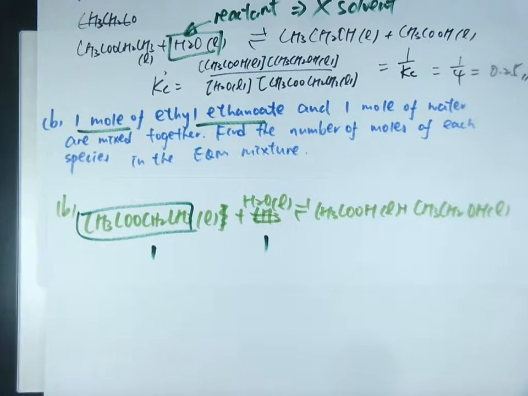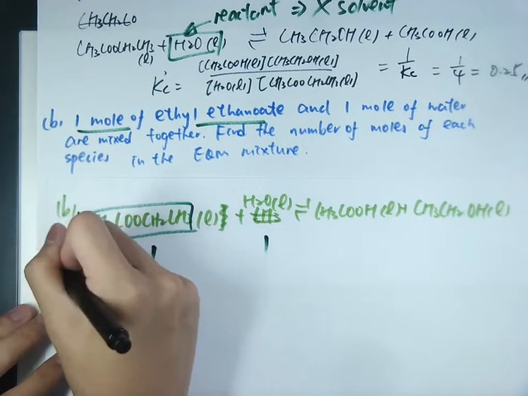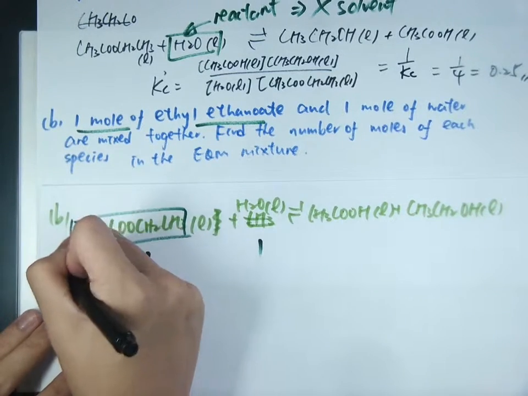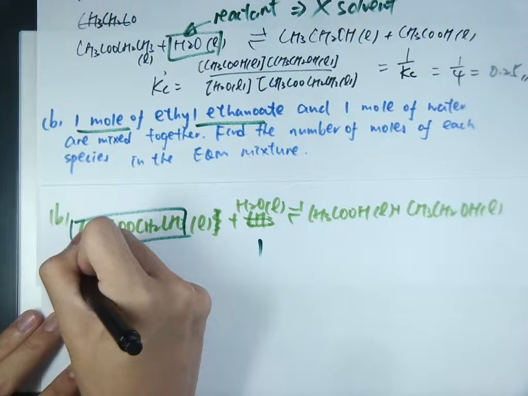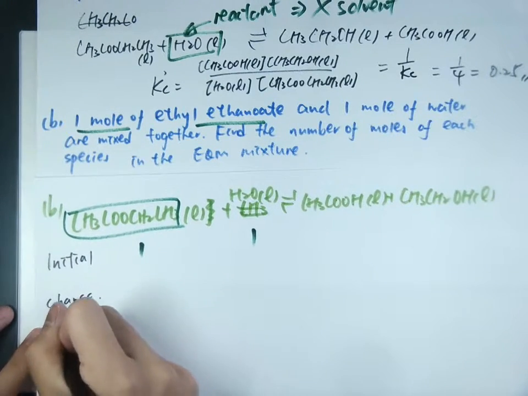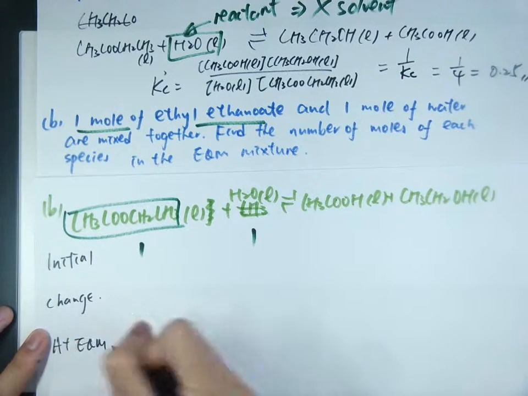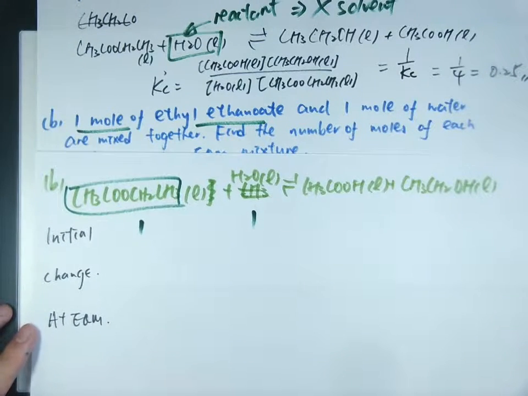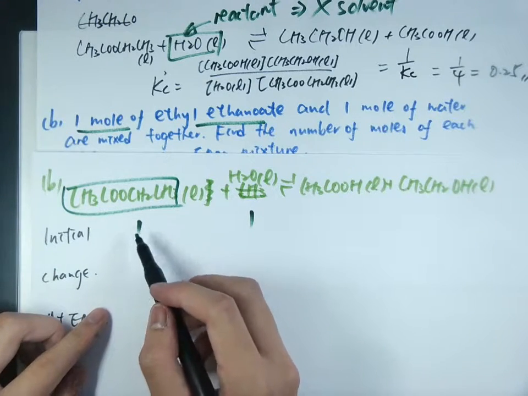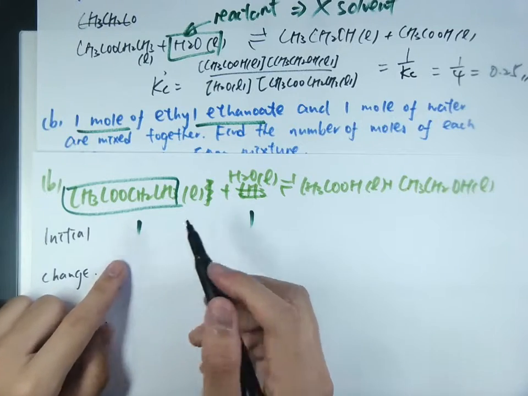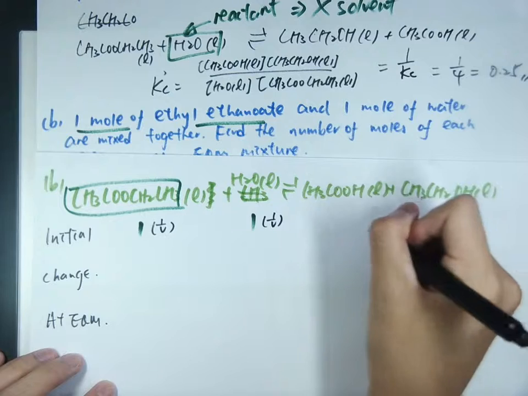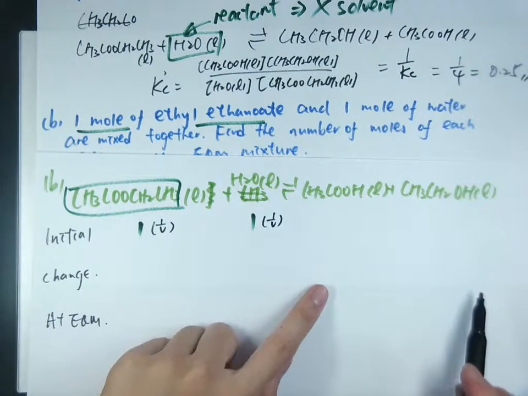Okay, so why do we not have to consider the volume? Now let me put this down first and I'll explain to you. Why don't we have to consider the volume? Because if we change 1 to 1 over V, where V equals volume, then this 2 will also be over the volume, right?